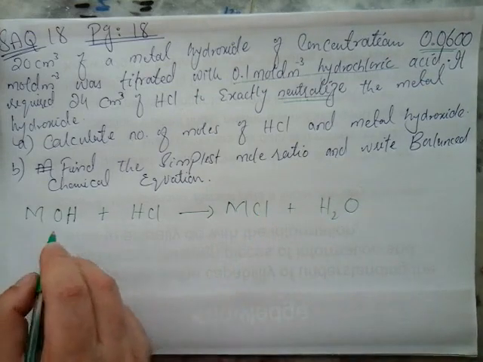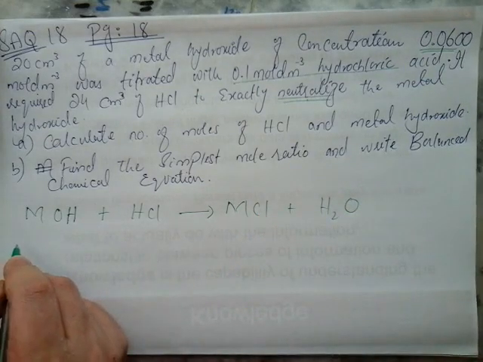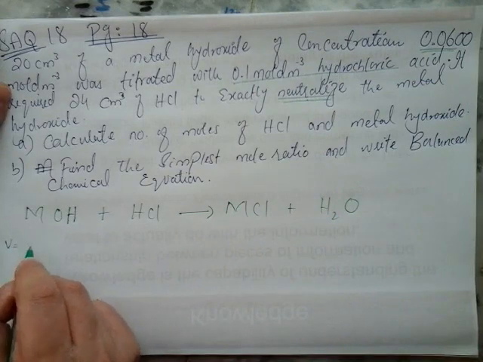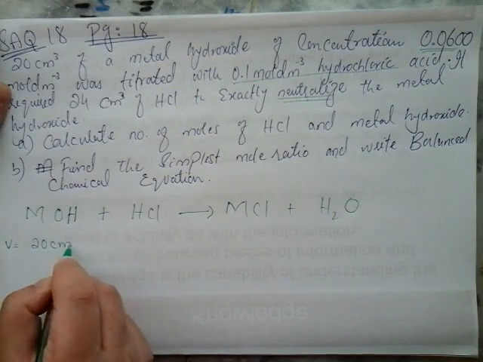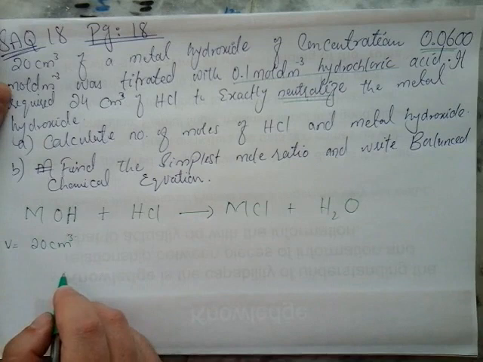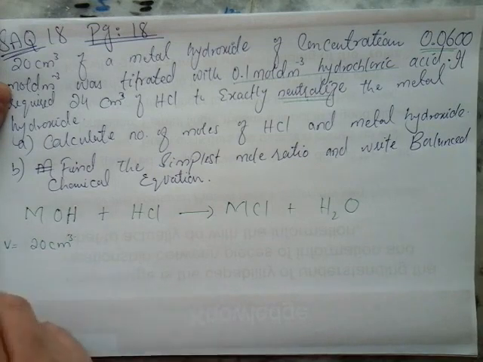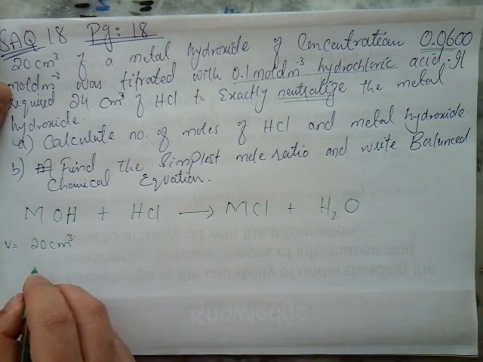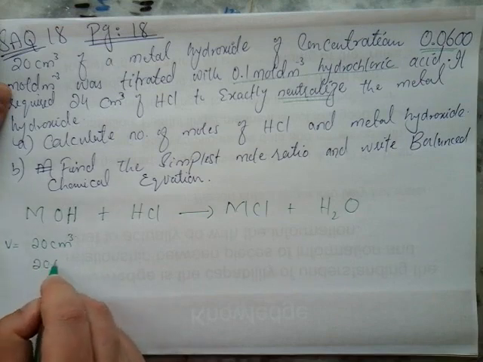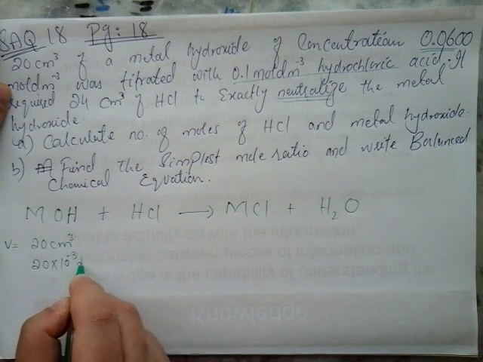Okay, so here the metal hydroxide volume is 20 centimeter cube. Whenever the volume is given in centimeter cube, we have to convert it into decimeter cube. So 20 multiplied by 10 raised to power minus 3 decimeter cube.